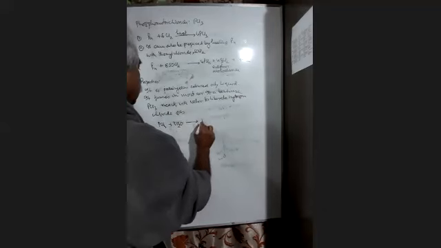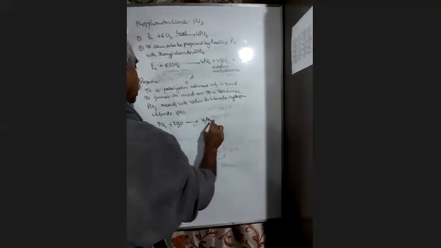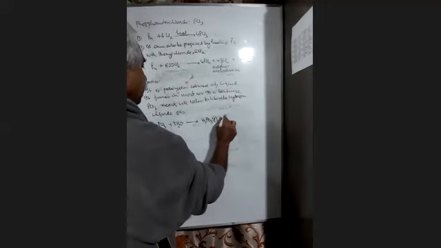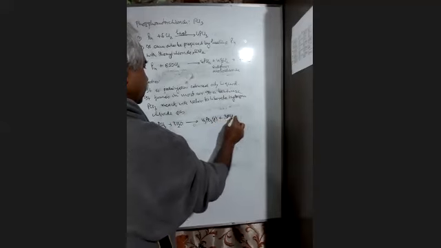So right now here PCl3 gives H3PO3, which is a liquid, and here you get the HCl.